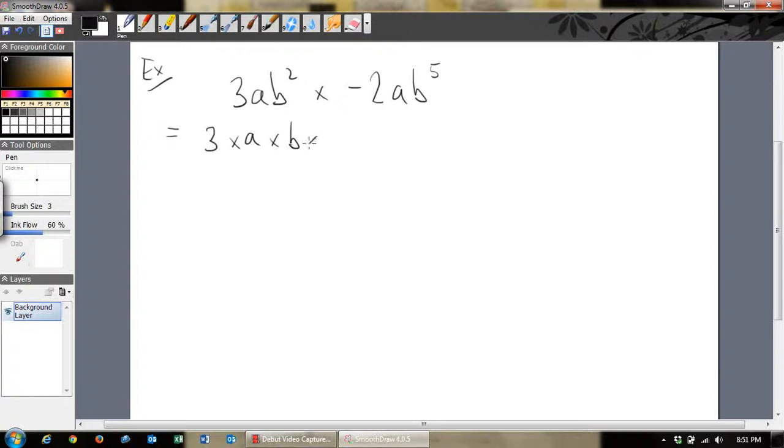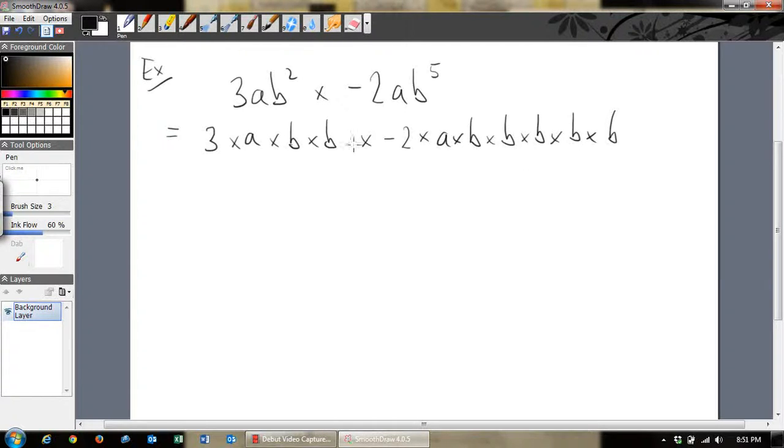B squared means b times b. Okay, so that's that first part there. Times negative 2 times a times. Now b^5 is b times b times b times b times b. There we go. That's what all that in expanded form is equal to.